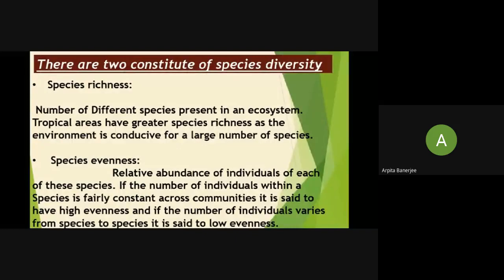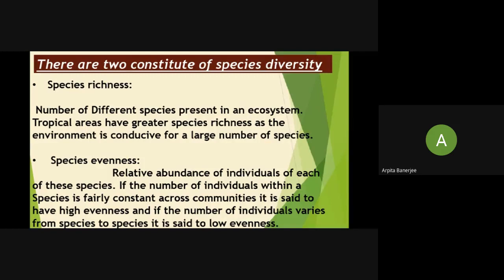Species diversity has two components. First, species richness, and second, species evenness. So what is species richness? It is the number of different species present in an ecosystem. Tropical areas have greater species richness as the environment is conducive for a large number of species.